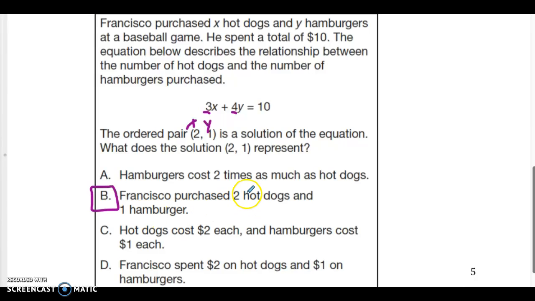Think about this. If the hot dogs cost $3 each, he would spend $6 on hot dogs and $4 on hamburgers, which is a total of 10. So understanding the problem, looking at your equation, and noticing what it represents is going to be vital for this solution.